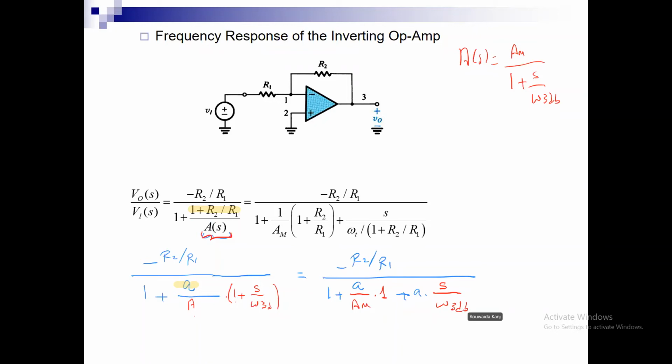We split this, and now I can take the A down to determine what my 3 dB frequency is.